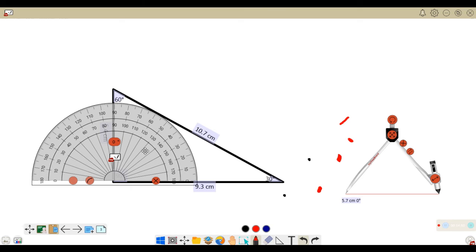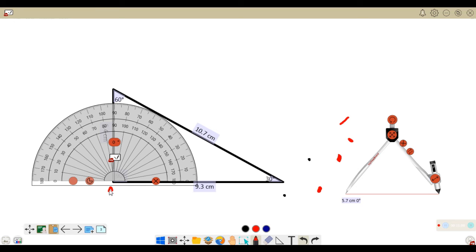So, half of 90 is, of course, 45, right? So, 45 is here. We are going to draw a line segment from this point.